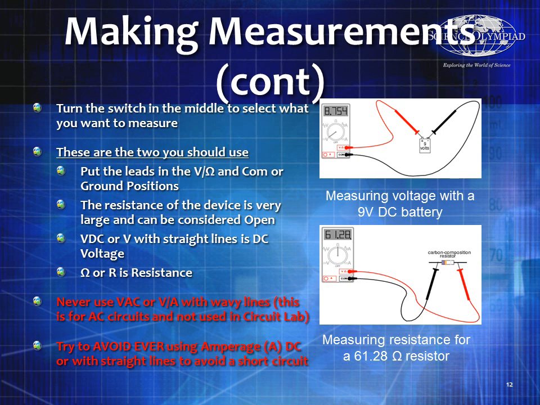The other thing is try to avoid ever using amperage DC or amperage AC, regardless, because it's a little bit of a dangerous type of measurement. If you accidentally configured the leads to measure amperage and I plugged it into that battery, I would fry the multimeter or at least blow the fuse. And so therefore, whenever I'm running an event, I always put a little piece of tape over the port so that you can't even configure it to measure amperage.